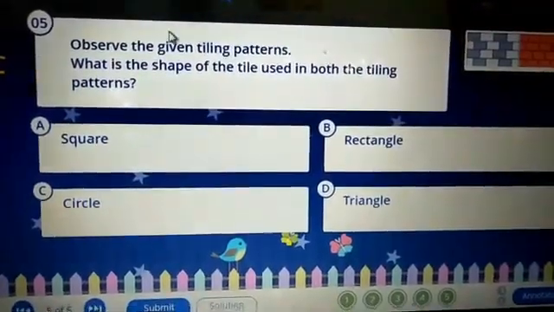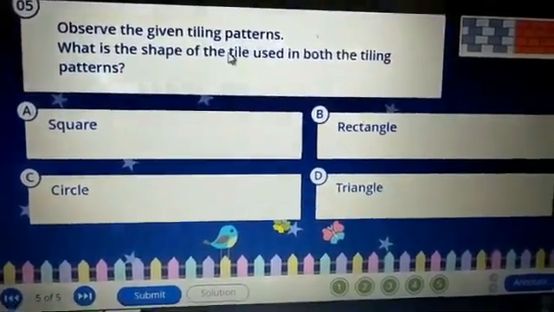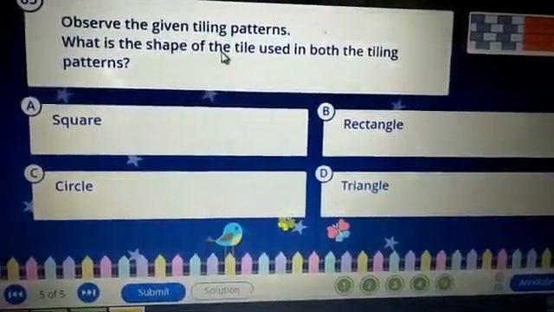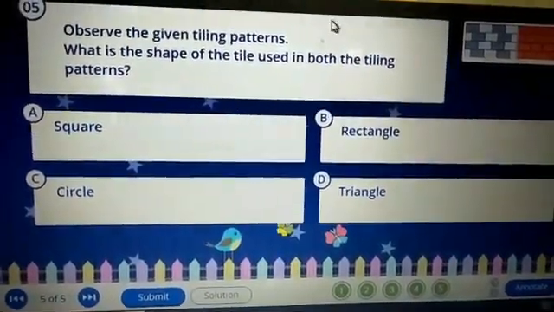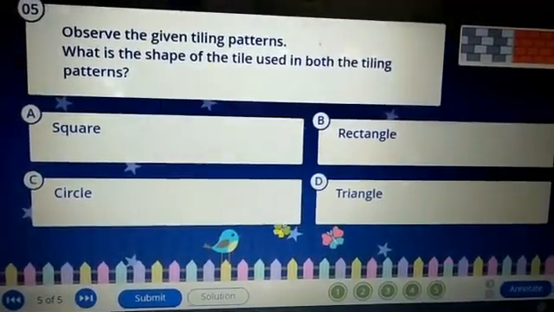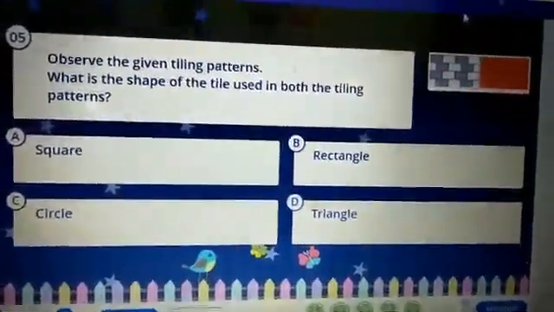Our fifth question. Observe the given tiling pattern. What is the shape of the tile used in both the tiling patterns? Listen.